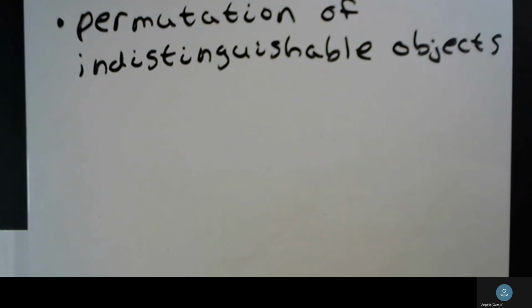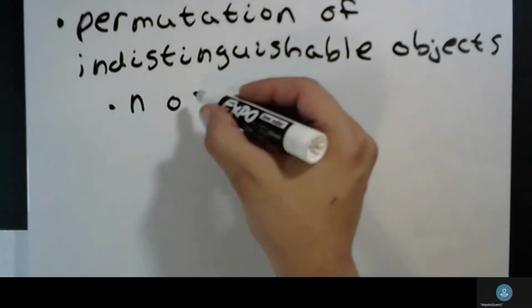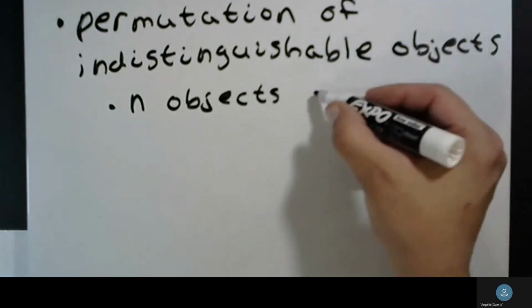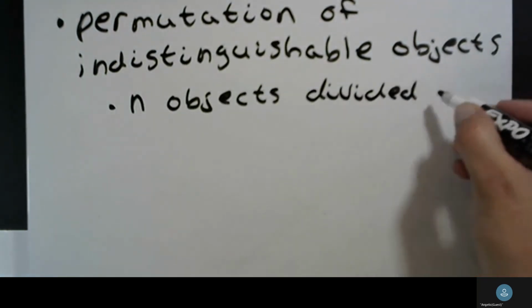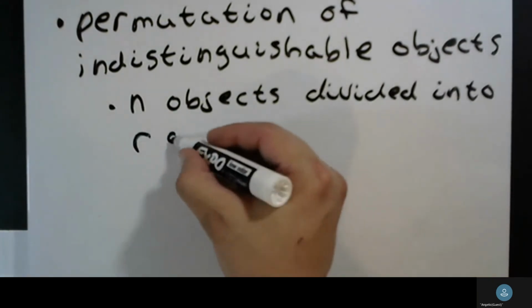And the way this formula works is this: we have n objects divided into R groups.